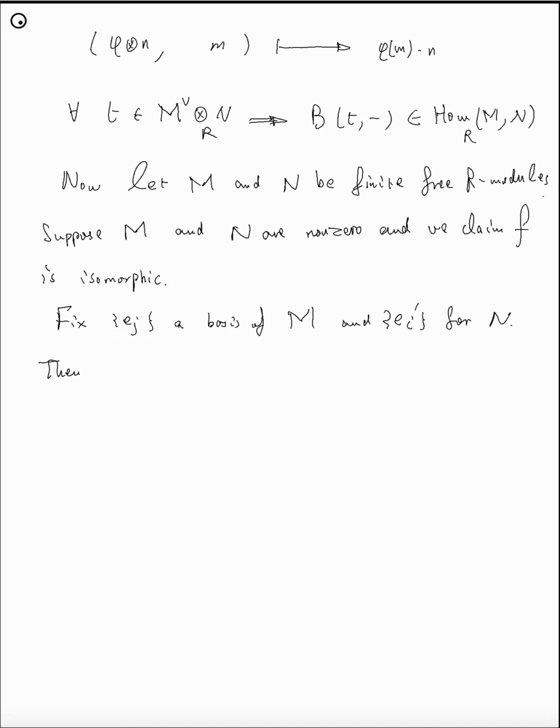Then F maps the dual of e_j, so the dual of e_j is in M dual, tensor with e_i prime.